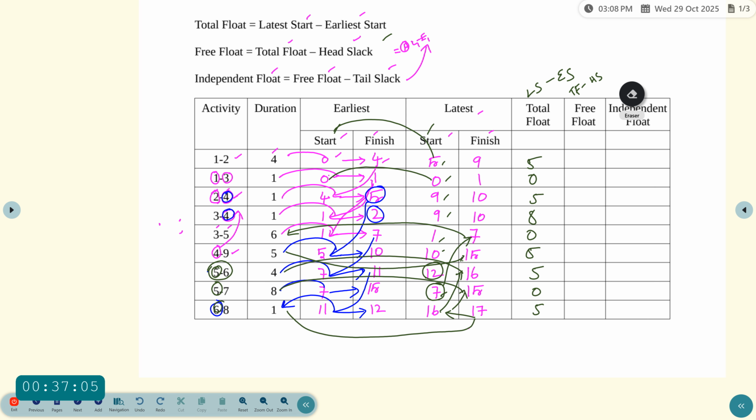Now see the activity, first activity 1 to 2. Take every starting event as the tail and every ending event as the head.